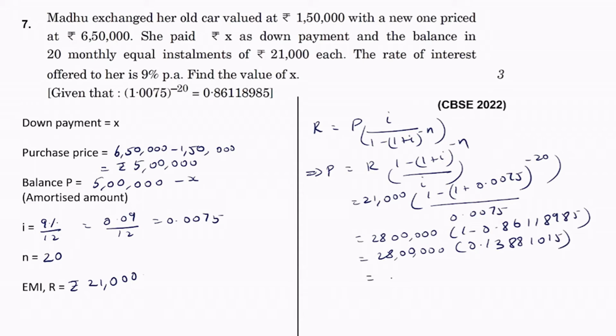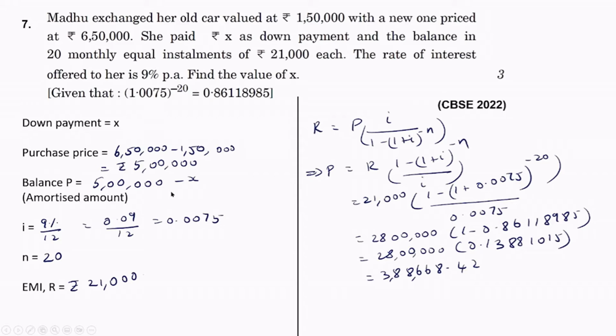When we multiply, we get 3,88,668.42. So this is the amortized amount.